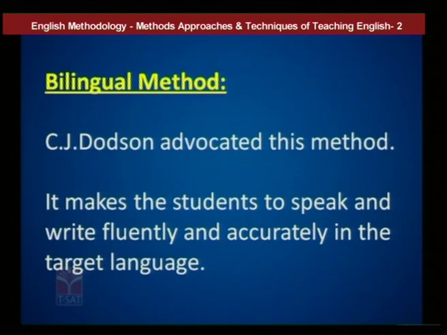He advocated this method. This method is a product of experiments conducted in Wales by its originator Dodson. The bilingual method aimed at developing general proficiency in language and places special emphasis on developing vocabulary. It is especially focusing on developing vocabulary.